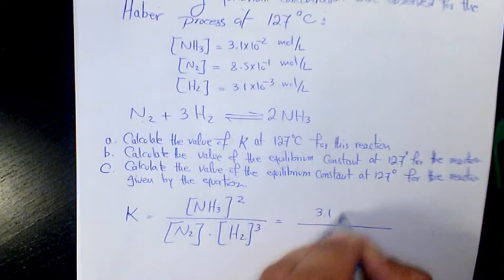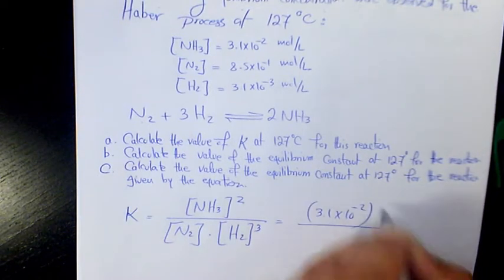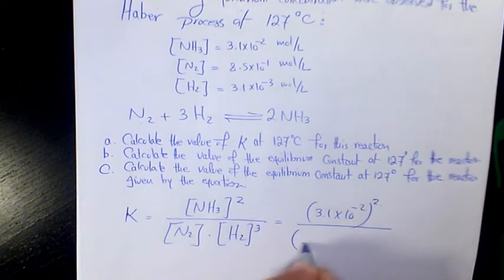NH3 is 3.1 times 10 to the power of negative 2, squared. N2 is 8.5 times 10 to the power of negative 1.